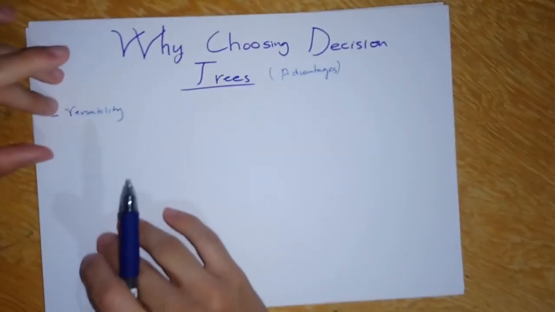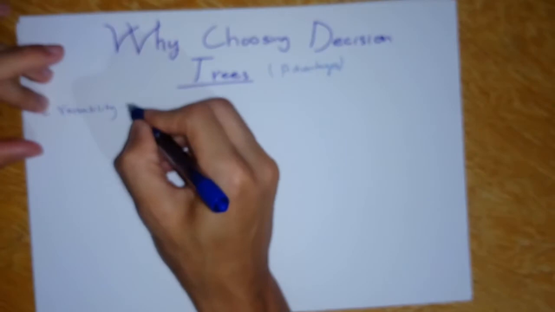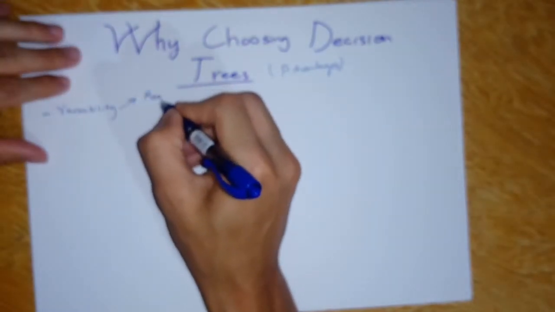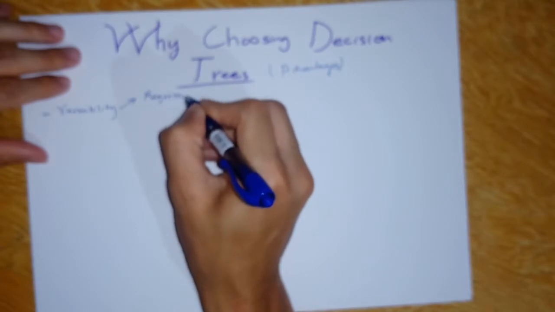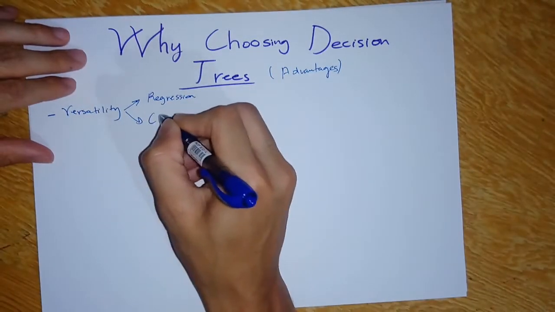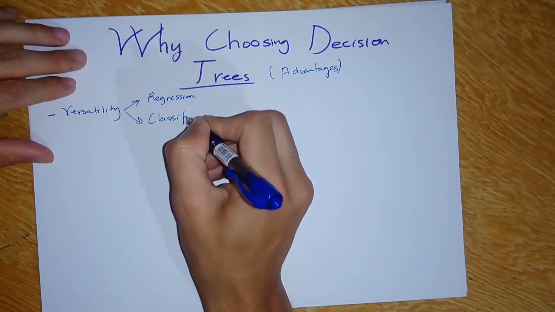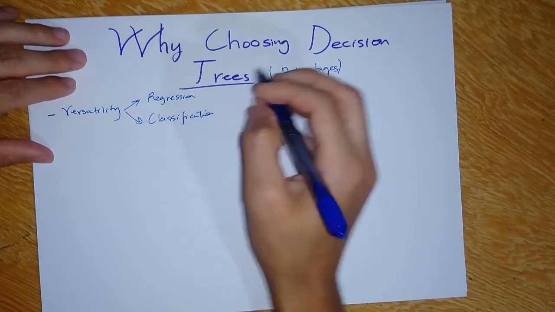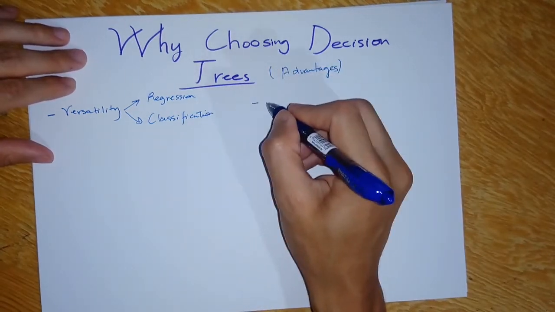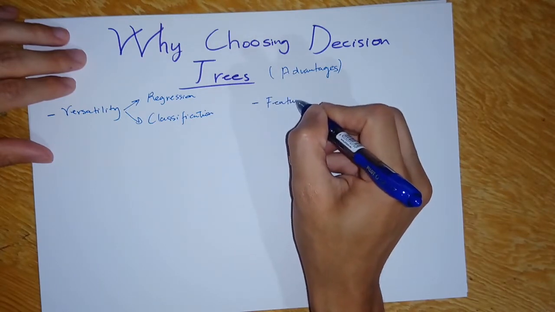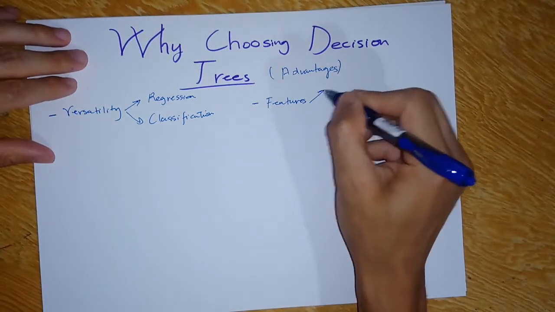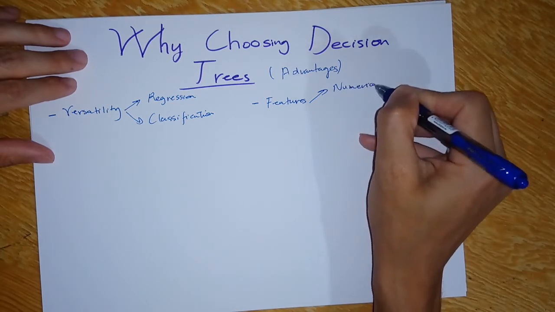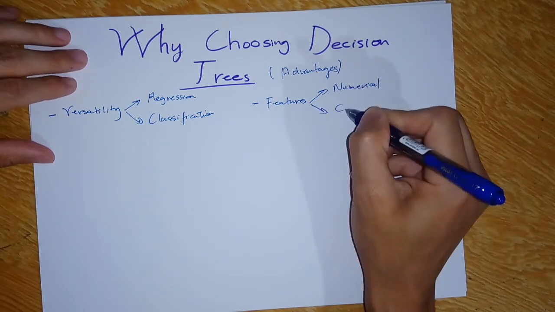And versatility means that this technique can be used for both regression and classification problems as well. Also, it can be used for numerical features and categorical features as well.